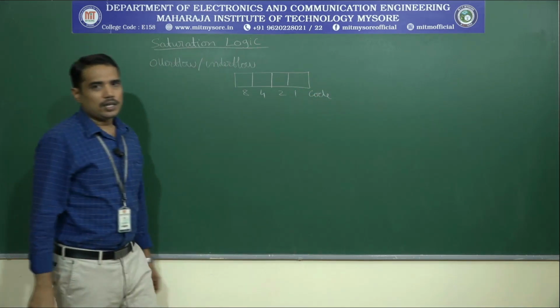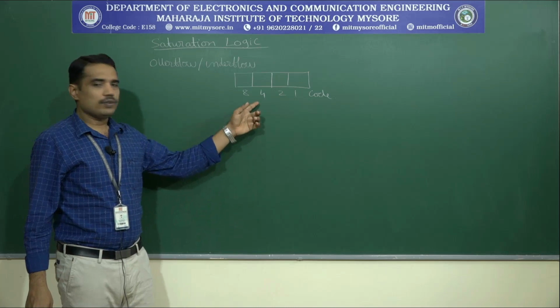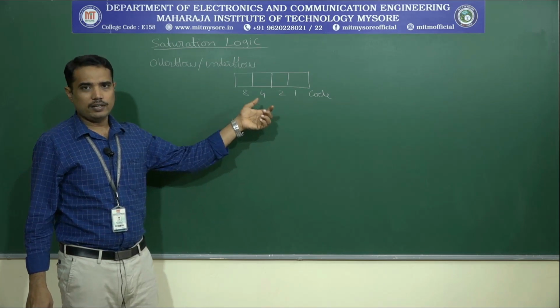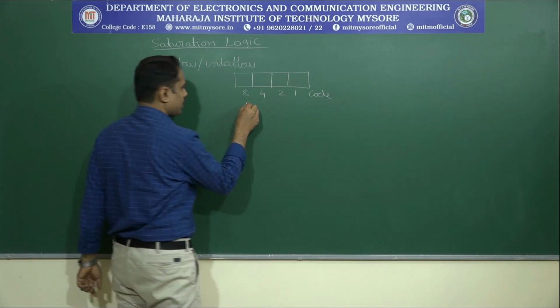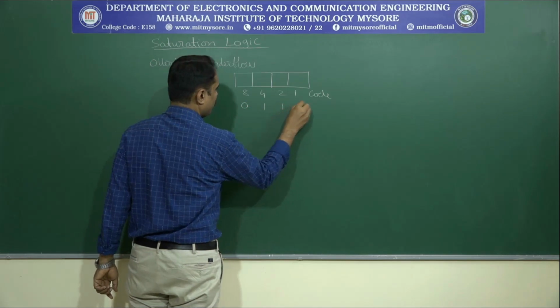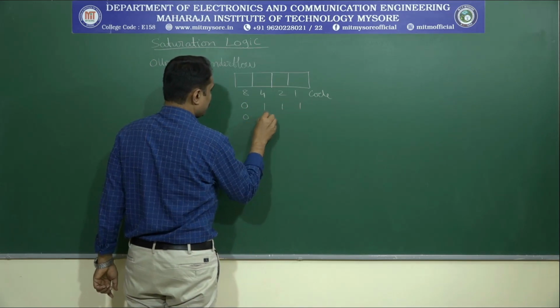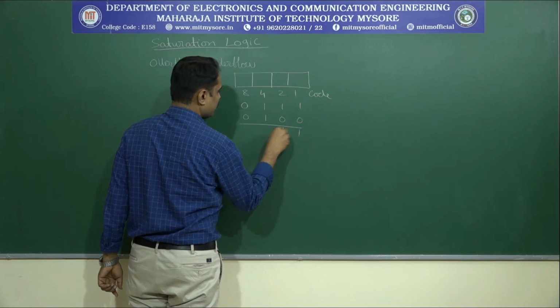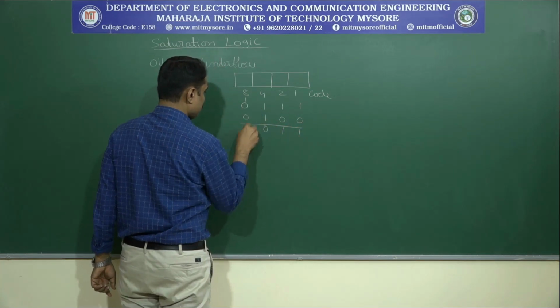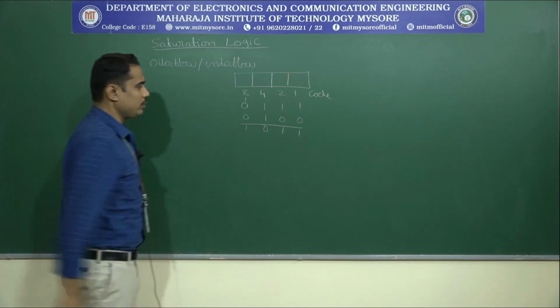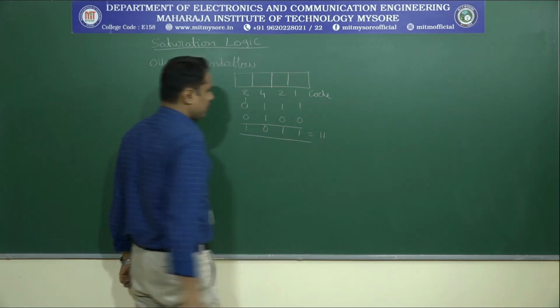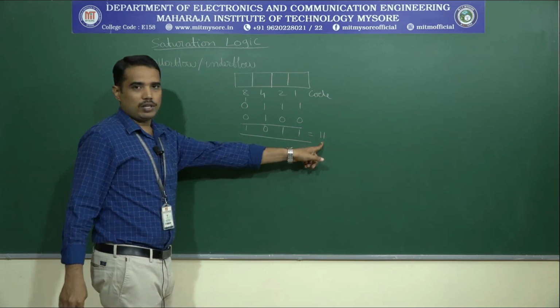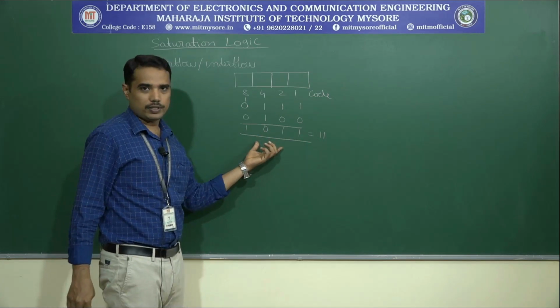Let us take an example of adding 7 and 4. 7 can be written as 0111 and 4 as 0100. When we add these, we get 1011, that is 11, which fits within the 4 bits.